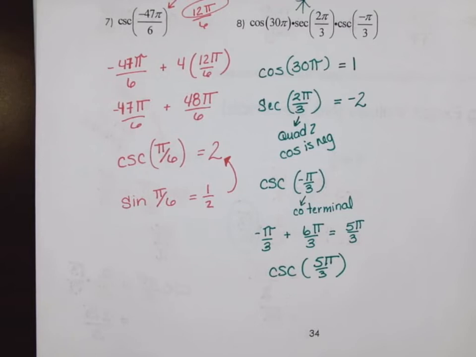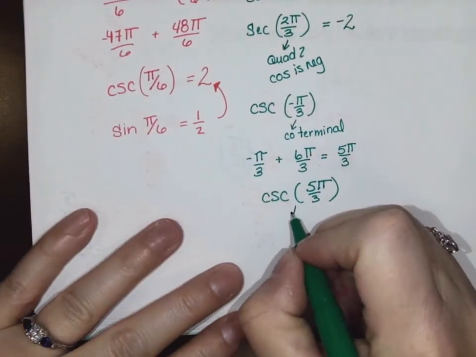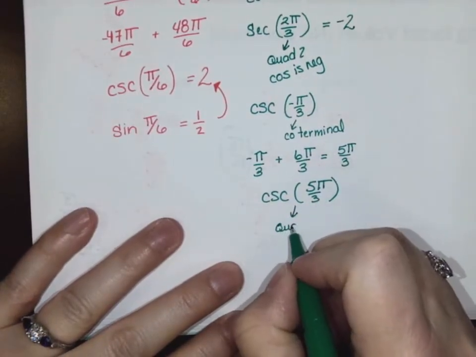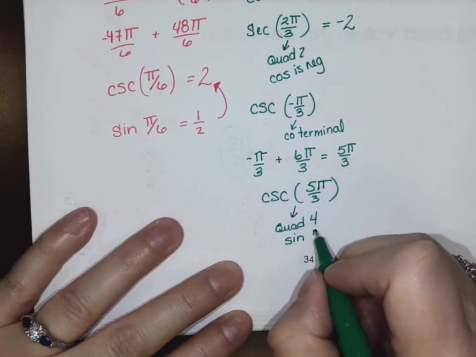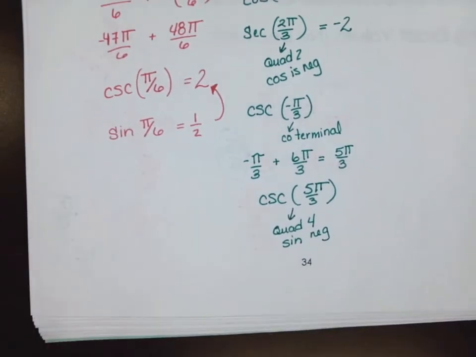What do we know about cosecant? It is the reciprocal function of sine, and we are in quadrant 4, so sine is negative: negative square root of 3 over 2. Then the reciprocal. Reciprocals never change the sign, so it's negative 2 over root 3.